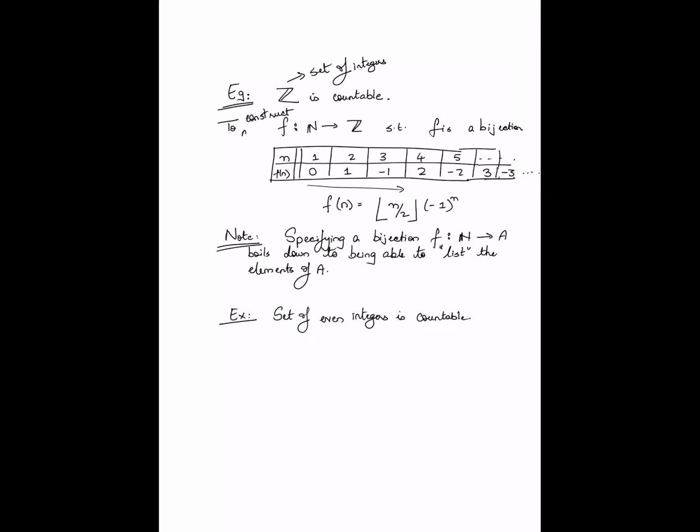So this is something that, if you are encountering this for the first time, the leap that one has to make is that it is possible for a strict subset of an infinite set to be equicardinal with that infinite set. As we are seeing here, the set of naturals is a strict subset of the set of integers, and yet by Cantor's definition, the natural numbers and the integers are equicardinal.